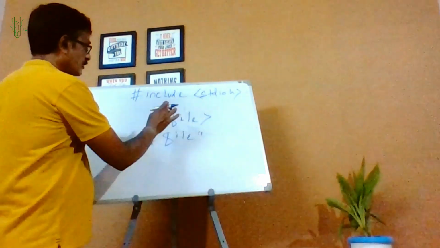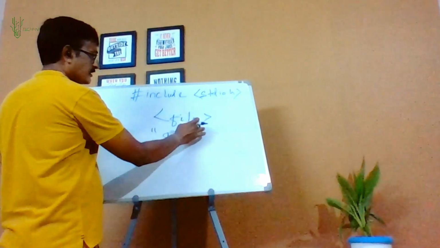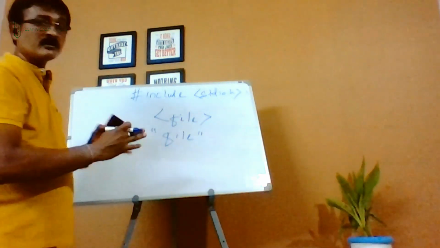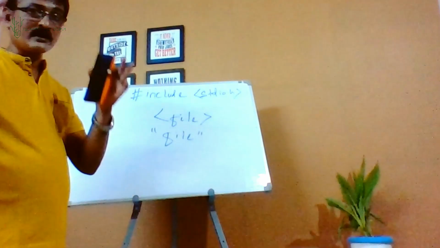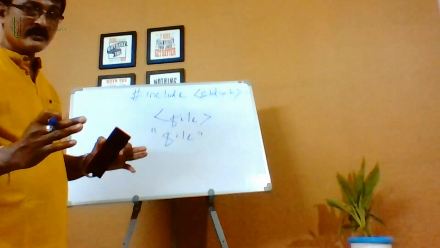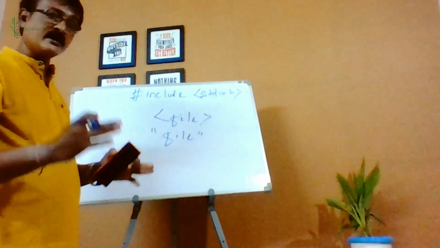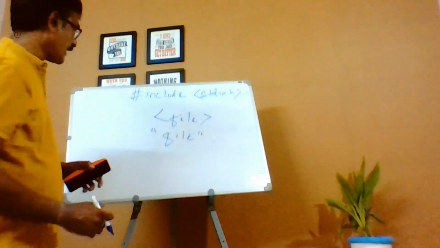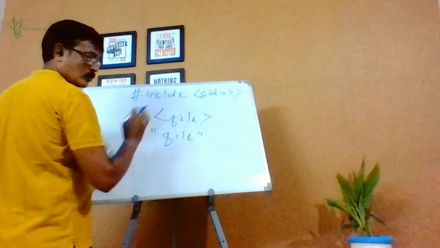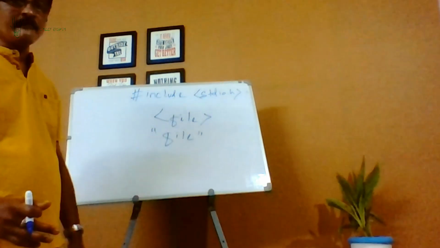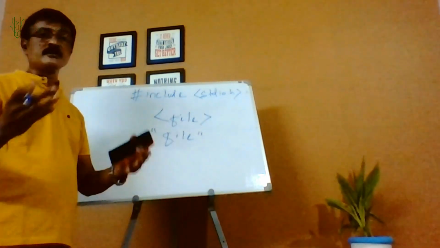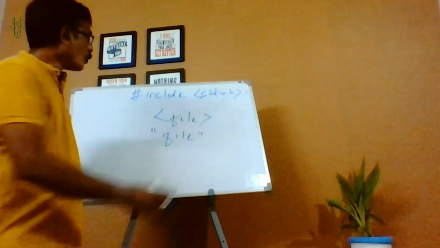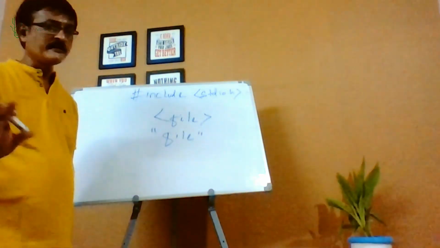Alright. So if it is within angular brackets, the search for the file will happen in the current path. That means whatever path is already set, there only to look for the file. But if your file is included within double quotes, it simply means it's a user defined file. What is the need for this? Very simple.